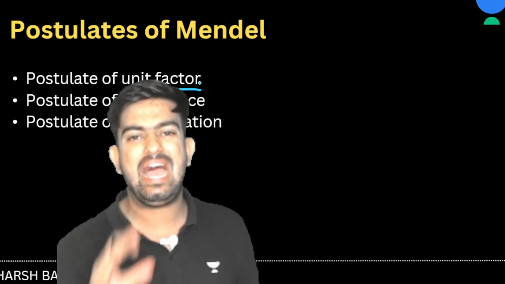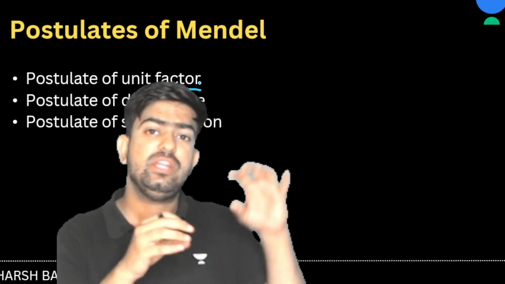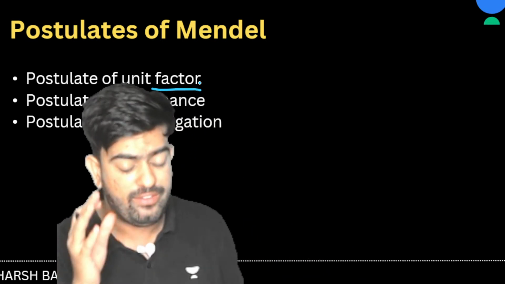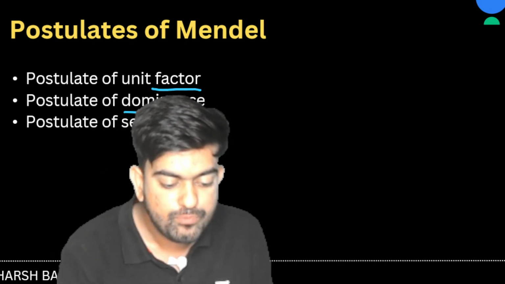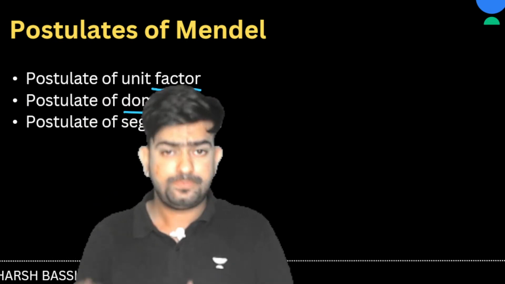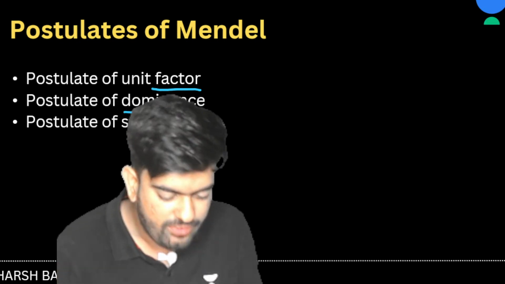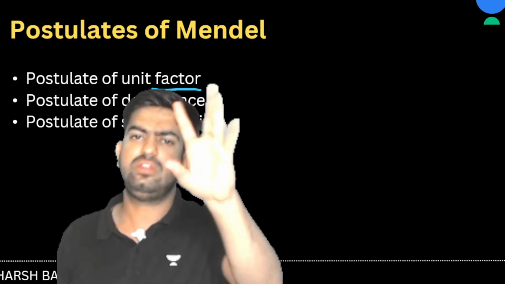Mendel considered that genes are the unit factors. The second postulate he gave was the postulate of dominance, and the third was the postulate of segregation. So in total, on the basis of this monohybrid cross, he gave 3 postulates.